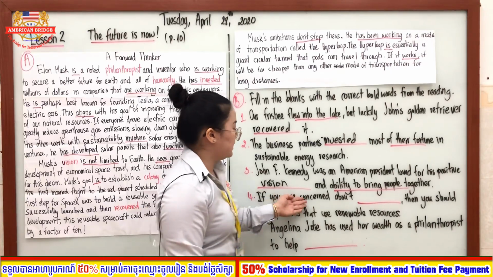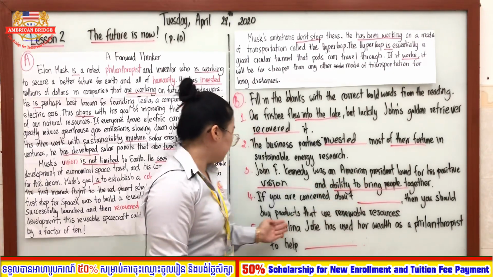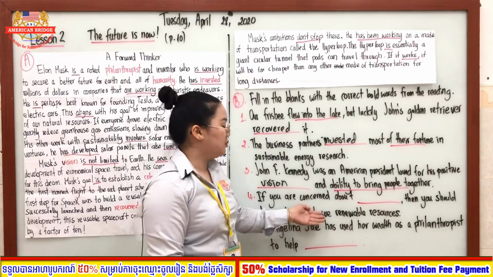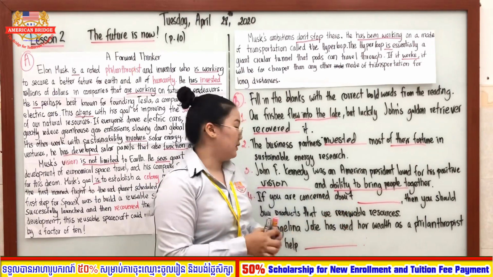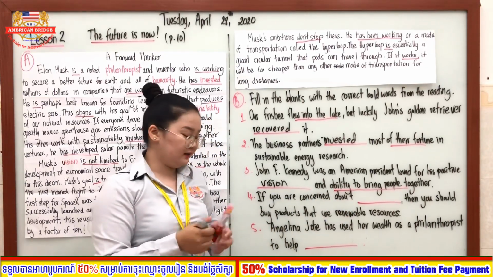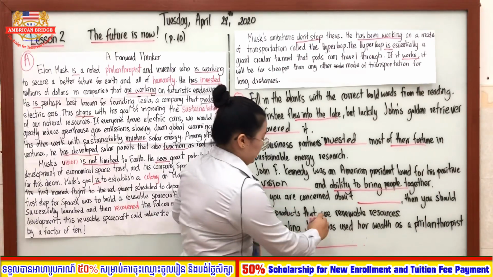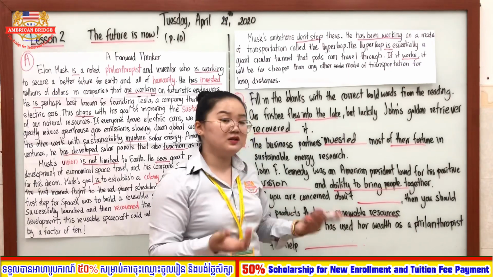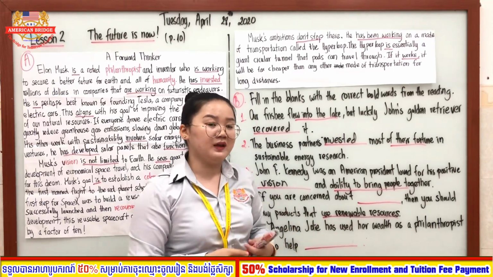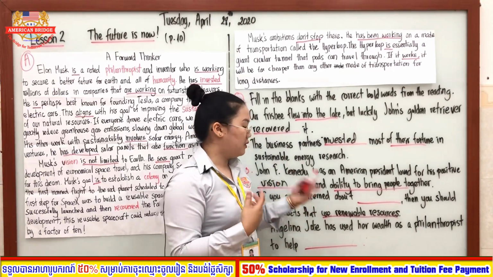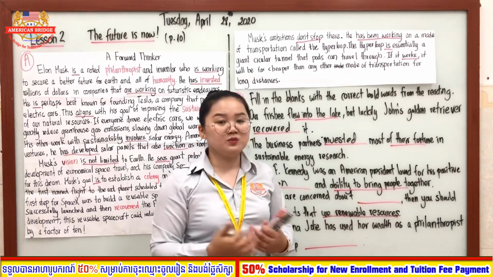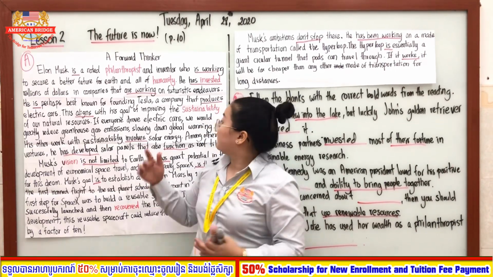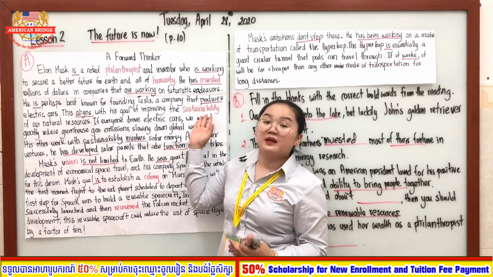If you are concerned about, then you should buy products that use renewable resources. The keyword in the sentence is use renewable resources. So if you want to try to maintain something or keep our resources at the same level, which word should we use? The word is sustainability.